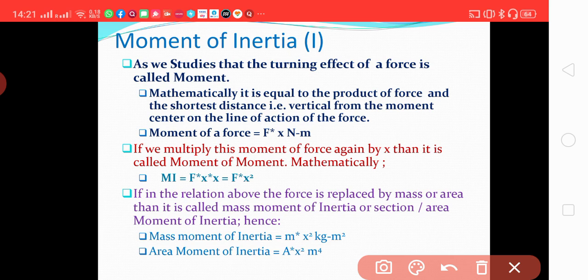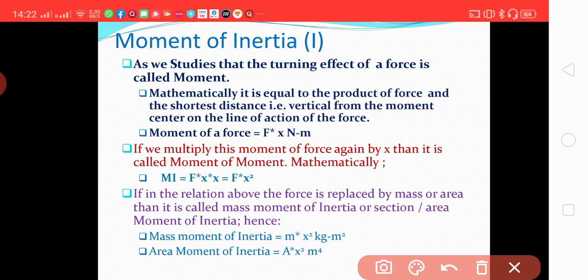Now what is the significance of this? That we will be discussing in the very next lecture. Just once more, we know the turning effect of a force is called moment. We studied in unit 1. Then if we multiply the moment again with its moment arm magnitude, then we will be calling it second moment or moment of moment.